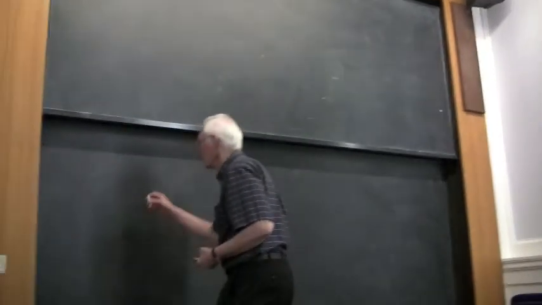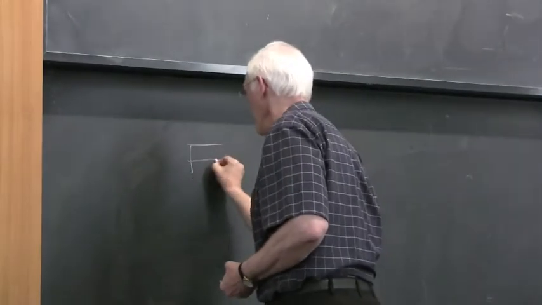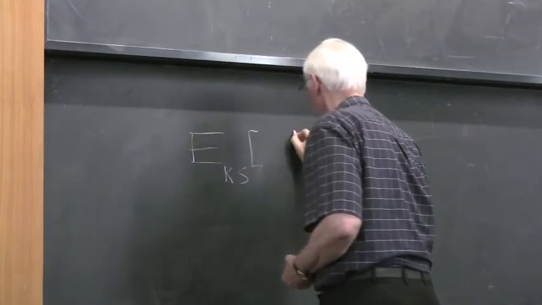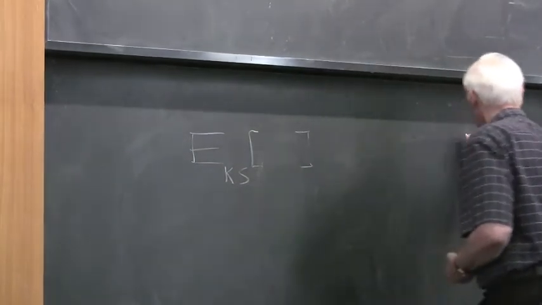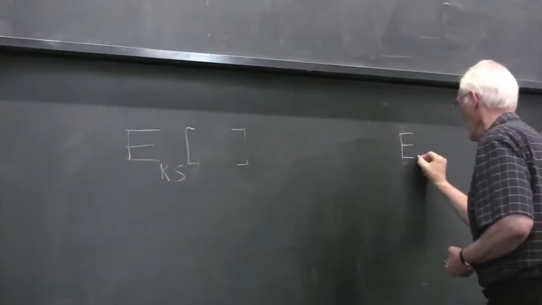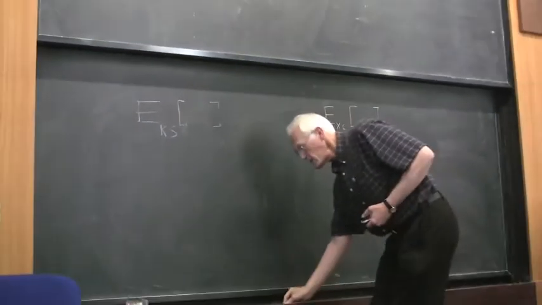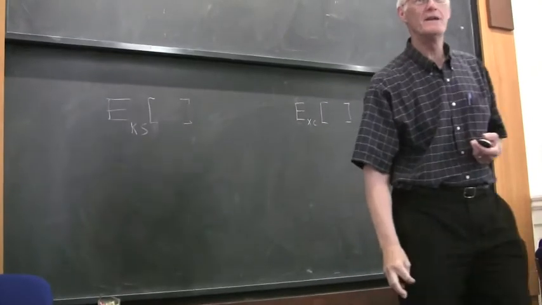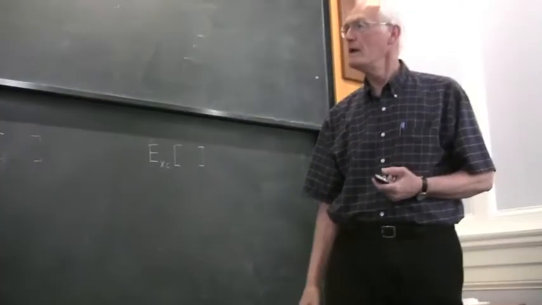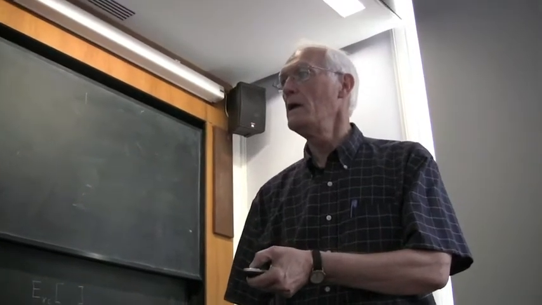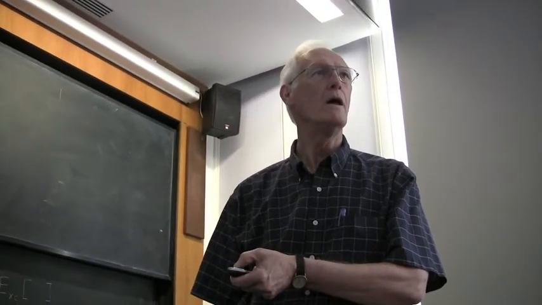I'll get to this in a little while. What if I use a functional? Richard used the spin index in there on the density, which I'm not sure Kohn-Sham used.